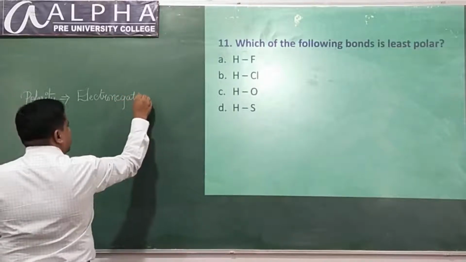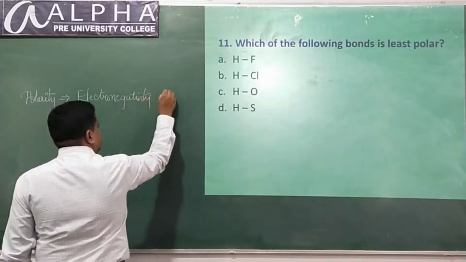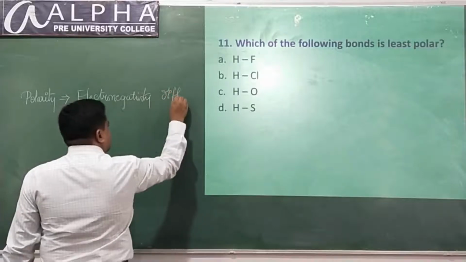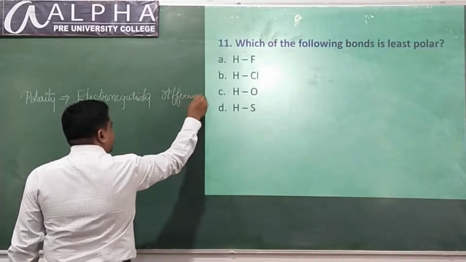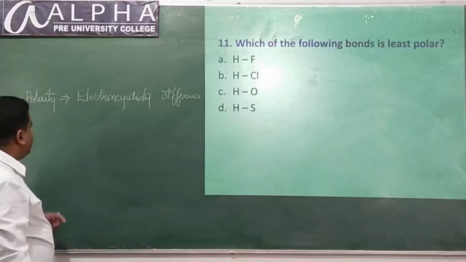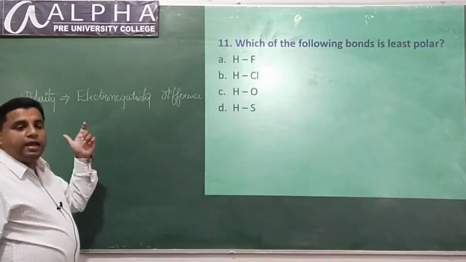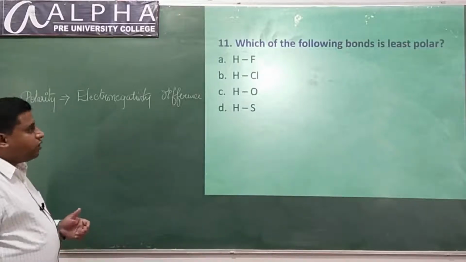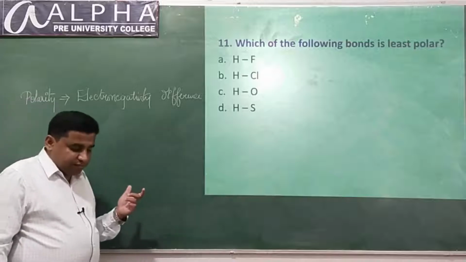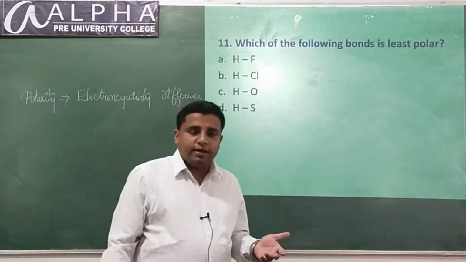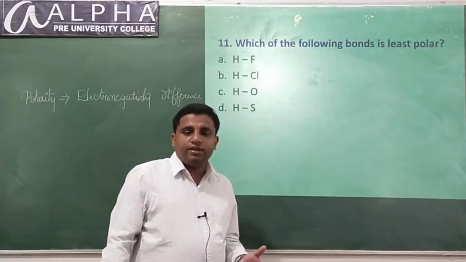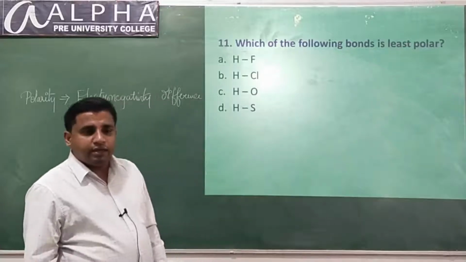Larger the electronegativity difference, more will be the polarity. Lesser the electronegativity difference, lesser will be the polarity.